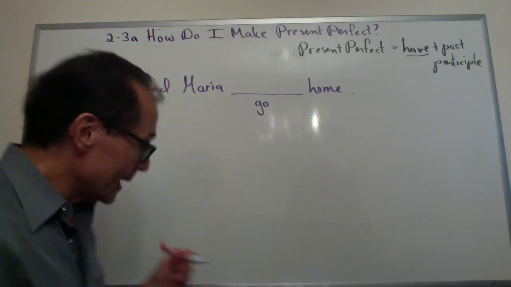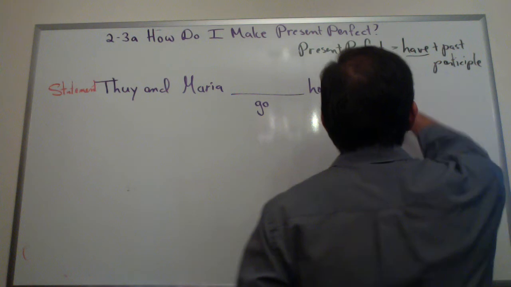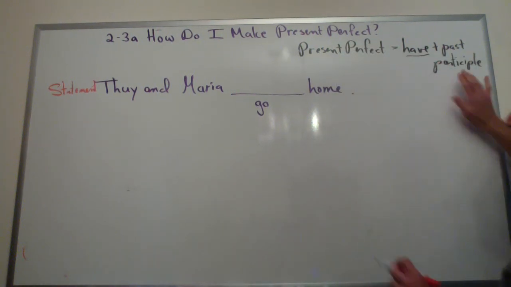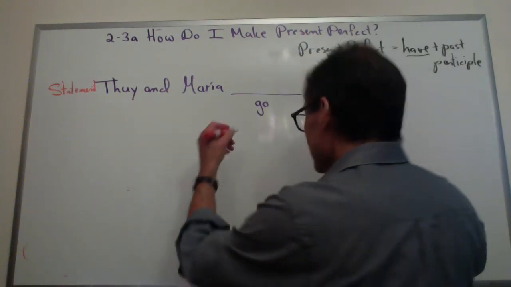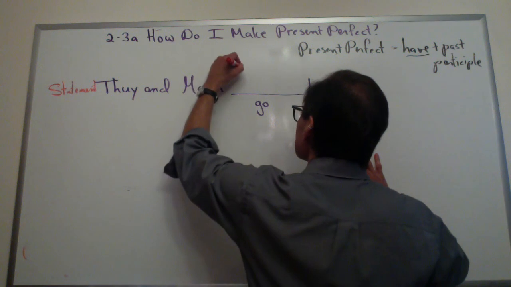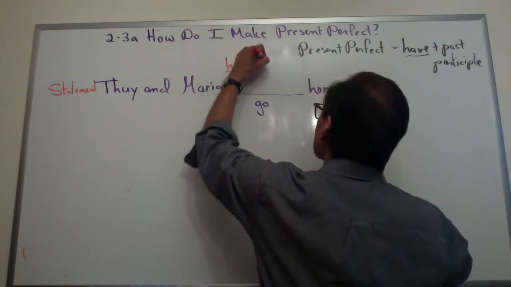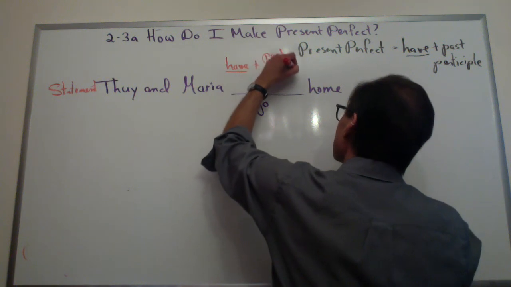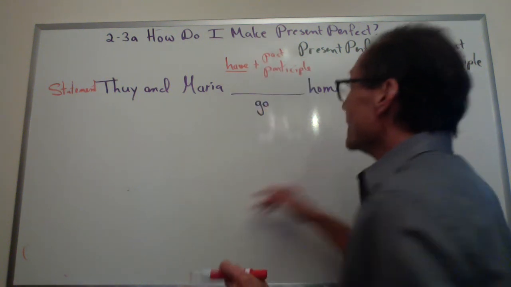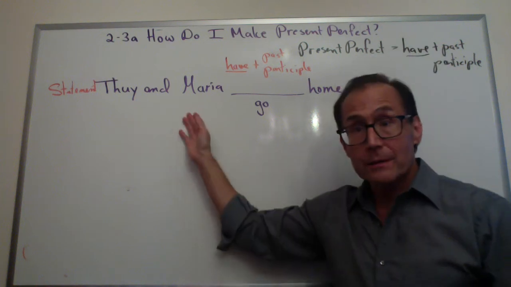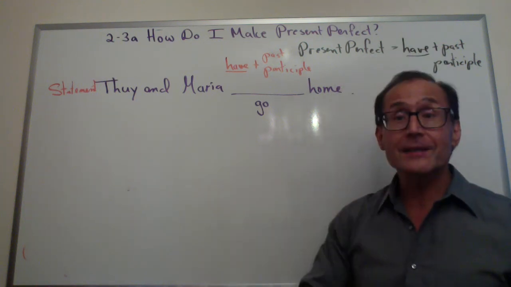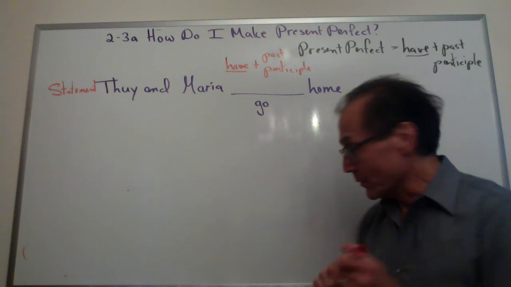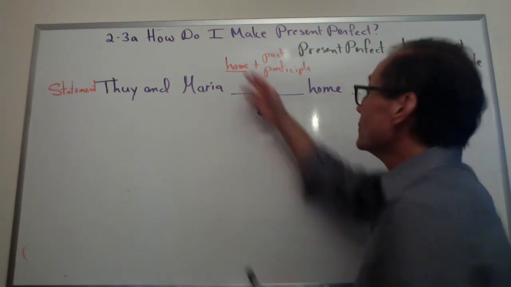Okay, now I remember that present perfect uses have and past participle. So again, I know for present perfect I'll use have plus past participle. Now, for Twee and Maria, that's 2 people, that's a they. So, what form of have will I use?